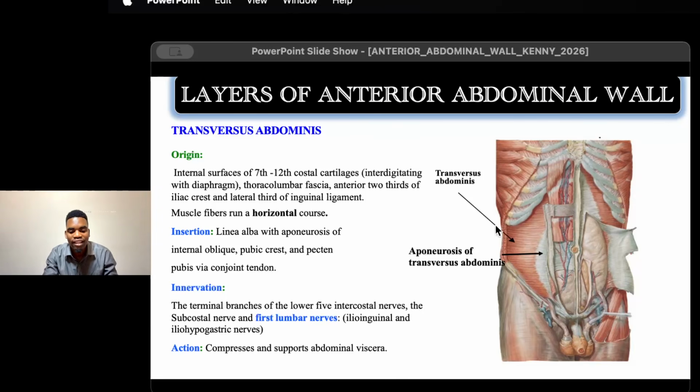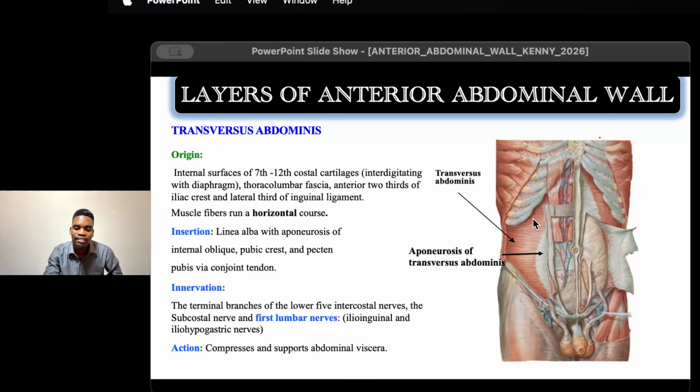Remember, the thoracolumbar fascia posteriorly, the anterior two-thirds of the iliac crest, the lateral third of the inguinal canal, plus the inner surface of the costal cartilages from rib number 7 to rib number 12. That's the origin of the transversus abdominis.